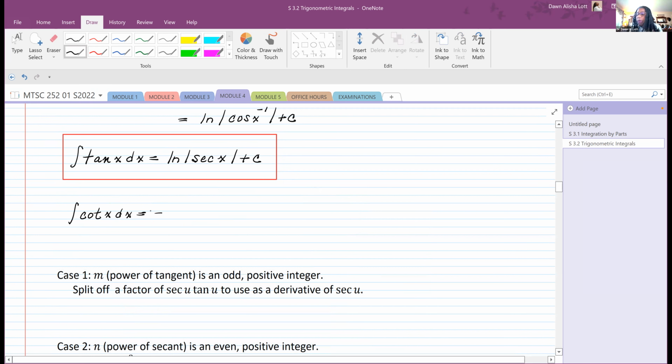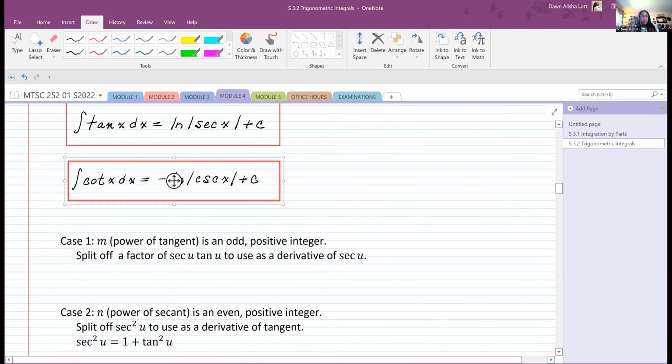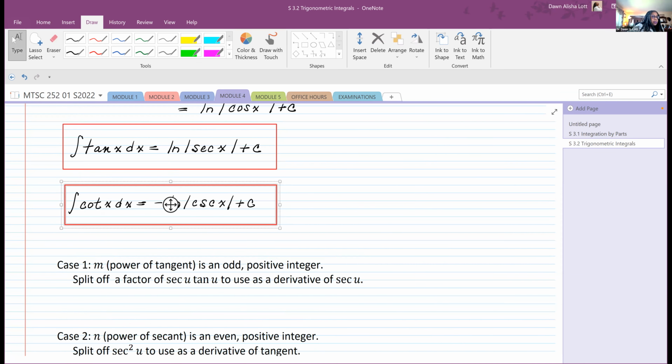And now remember, co-functions are negative, so that's negative the log of the absolute value of the cosecant of x plus c. Again, cosecant and cotangent are partners. So we have those two formulas. Okay, so that's if we have tangent or cotangent to the first power.